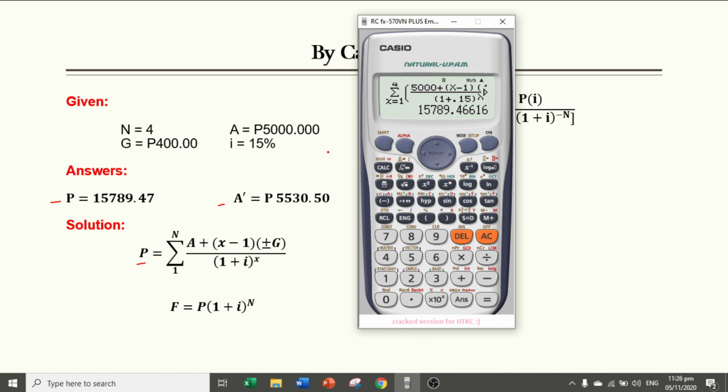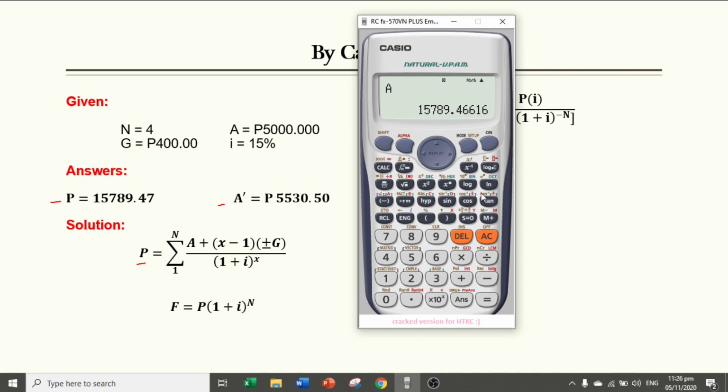So, para madali, since nakuha nyo yung value ng P, store natin. So, shift, store, A. Okay? So, ang value ng P natin ay nasa A. Doon nag-work yung function ng store. So, i-store mo yung value na na-compute mo kahit saan dyan. Pwedeng sa A, pwedeng sa B, sa C, D, E, F, X, Y, M. Madami yan. 1, 2, 3, 4, 5, 6, 7, 8, 9.